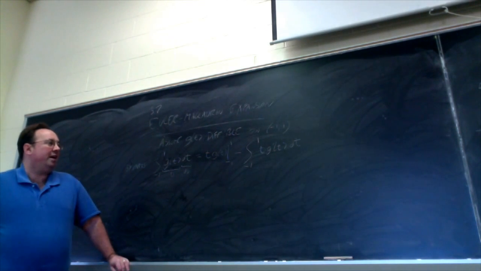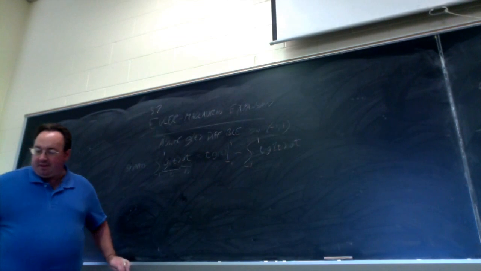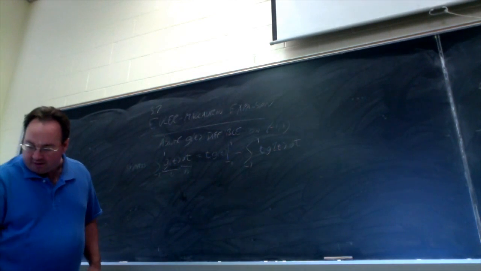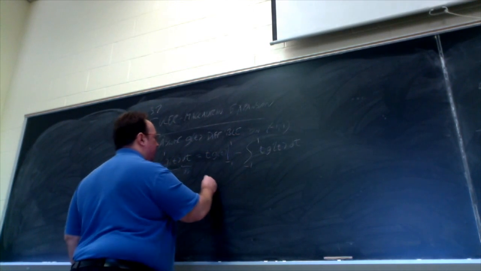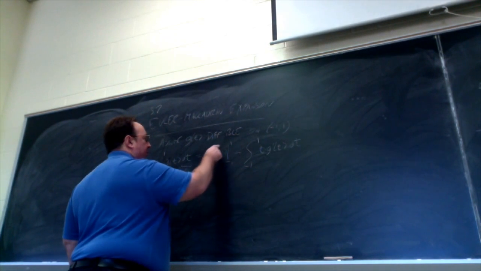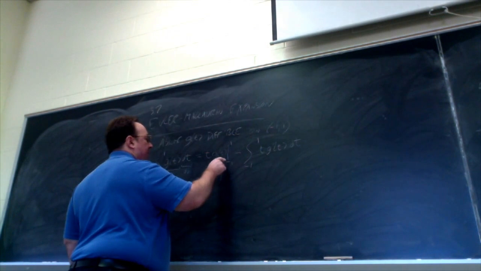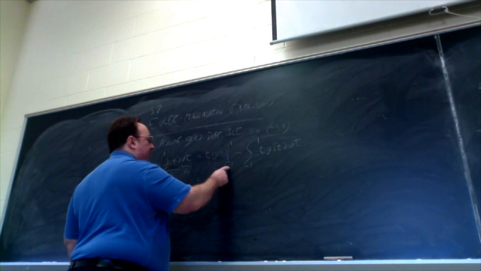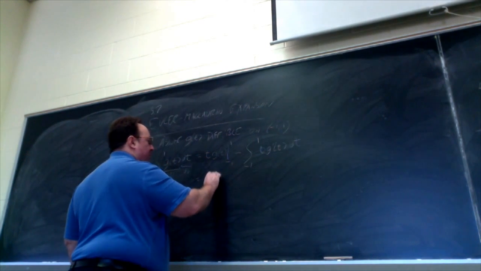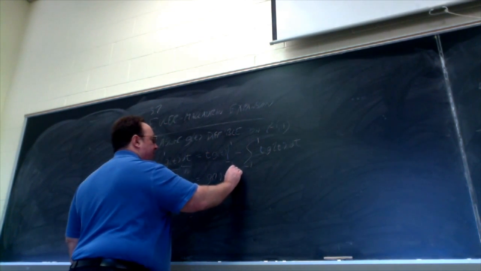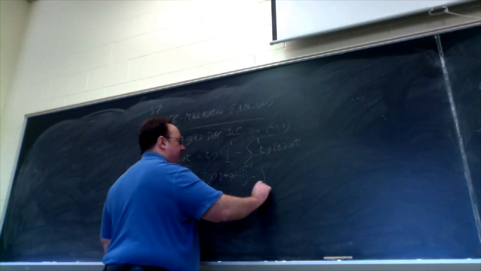Now something interesting happens when I plug in the limits here. When I plug in the limits, I get g of 1, plus g of -1, then I have this.